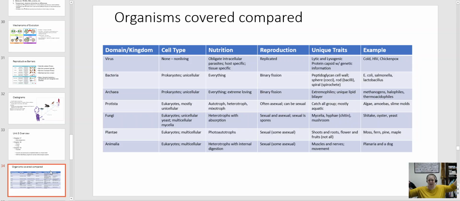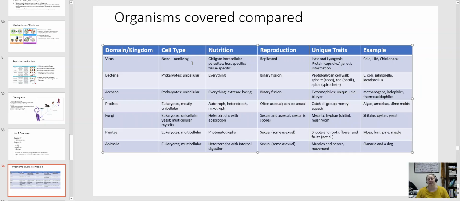Let's go through some basics, though, of what we see with these critters. This is something that I did in the Unit 5 exam review. So viruses, remember, are non-living. They don't reproduce, they don't have a cell, they don't have those key characteristics of life. You need all 6 to be considered alive.